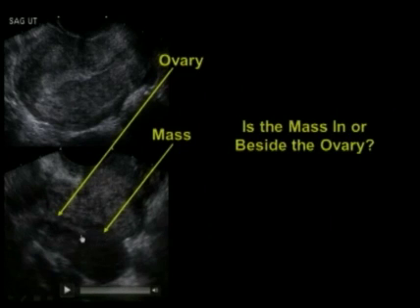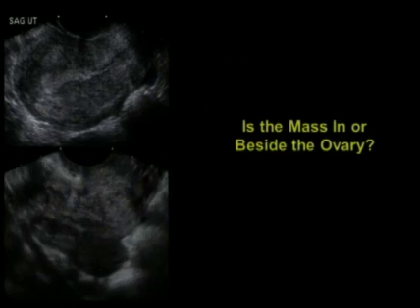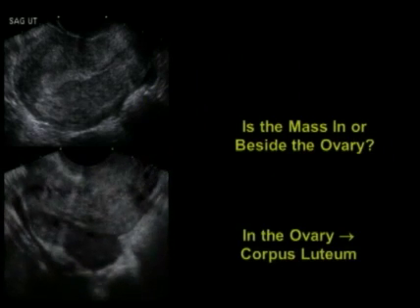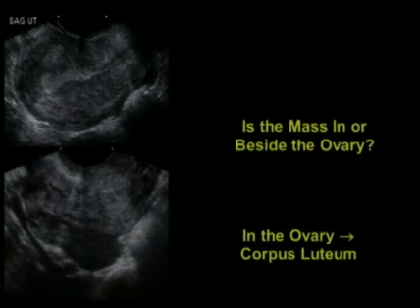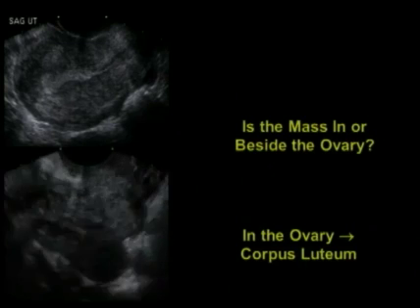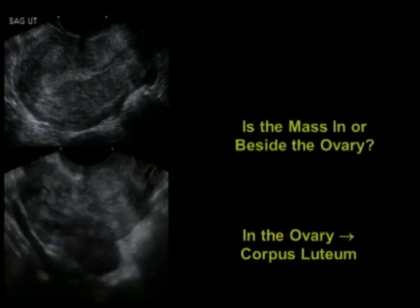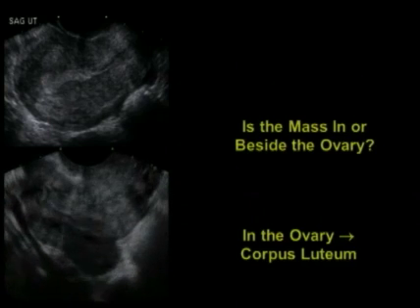Here's a mass, but is it in the ovary, protruding out from inside the ovary, in which case it's a corpus luteum, or is it outside the ovary? Well, we pushed. And when we push, you can see they move together. They don't move separately. So we concluded that this is probably just a corpus luteum inside the ovary, and therefore she doesn't have an ectopic pregnancy.